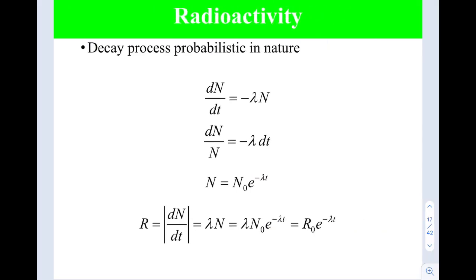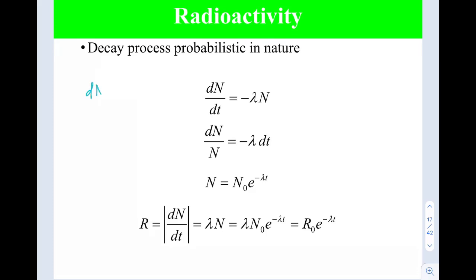The decay process is probabilistic in nature and can be described with statistical calculation for a radioactive substance of macroscopic size containing a large number of radioactive nuclei.